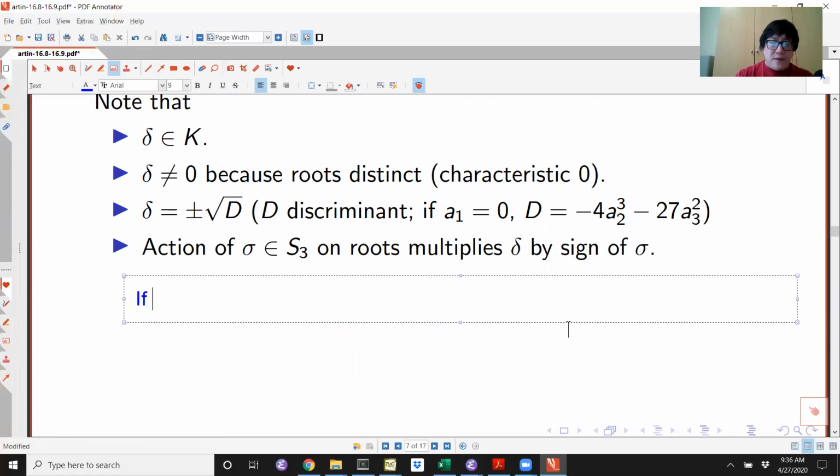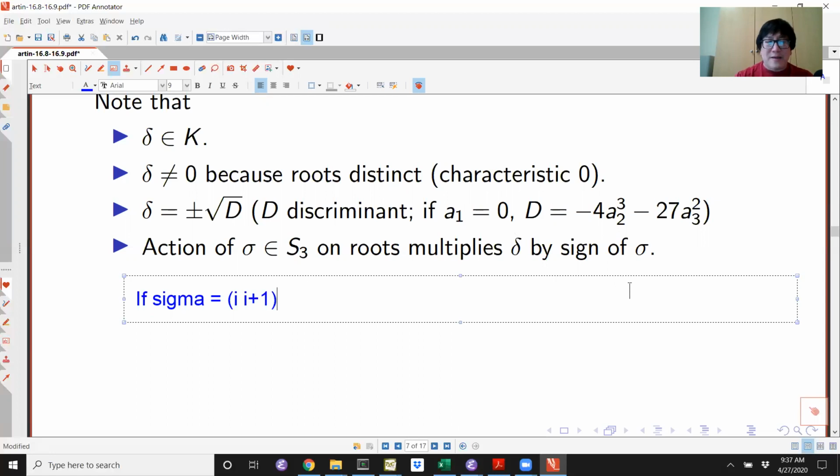So if sigma is equal to, remember, these things are called transpositions. I want to prove this in general. Why is it true that the action of a particular permutation multiplies the square root of the discriminant by the sign of sigma?